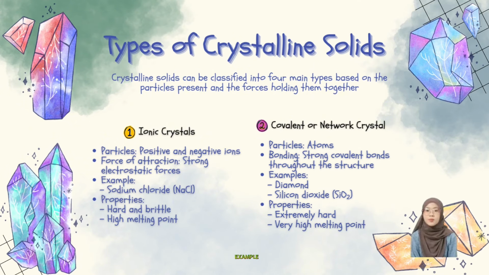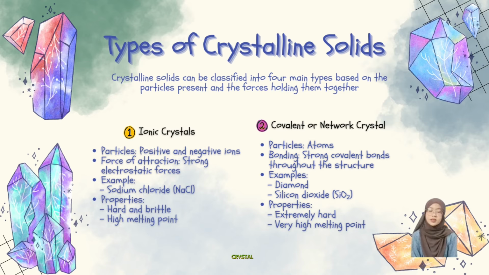A common example of an ionic crystal is sodium chloride, or NaCl. Ionic crystals are usually hard and brittle, and they have high melting points due to the strong attraction between the oppositely charged ions.